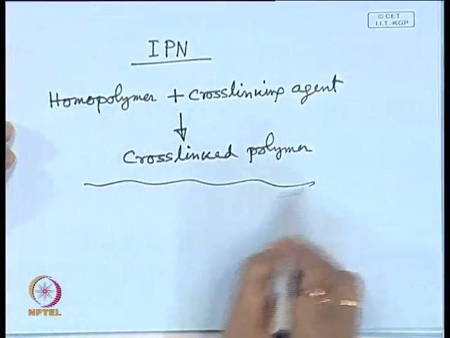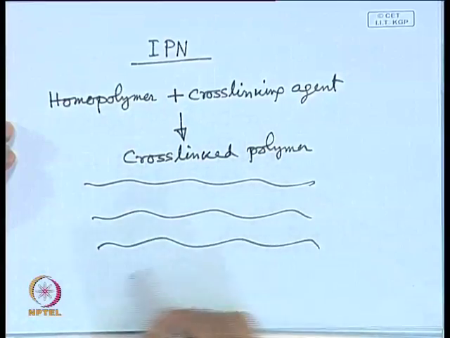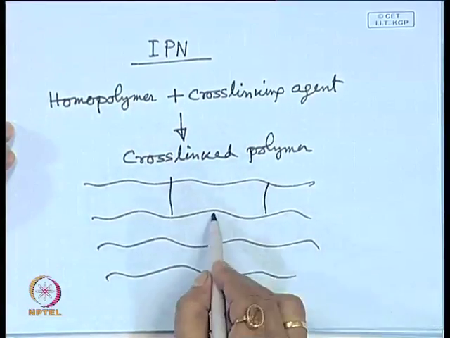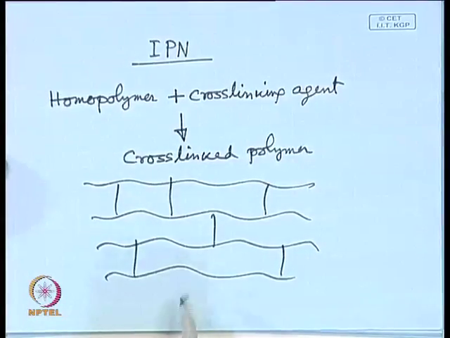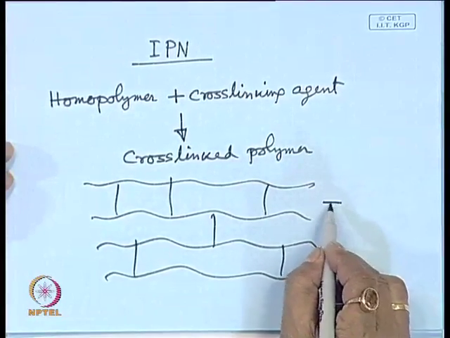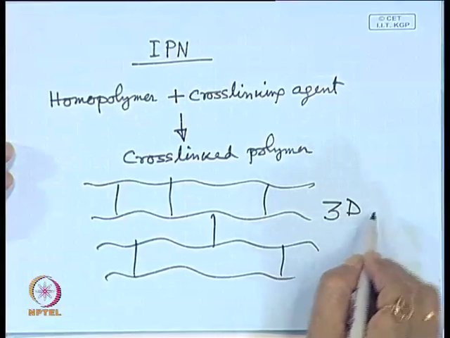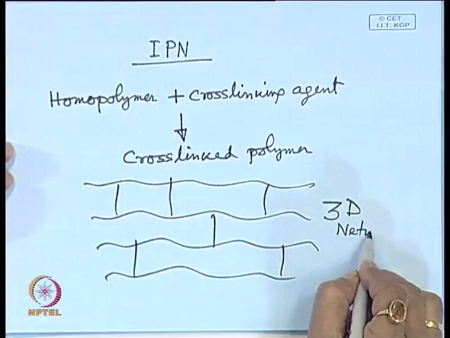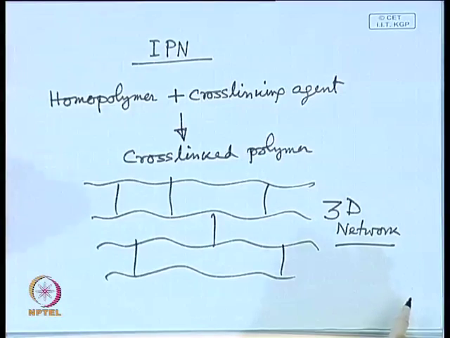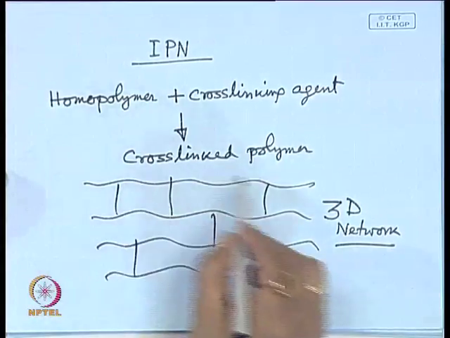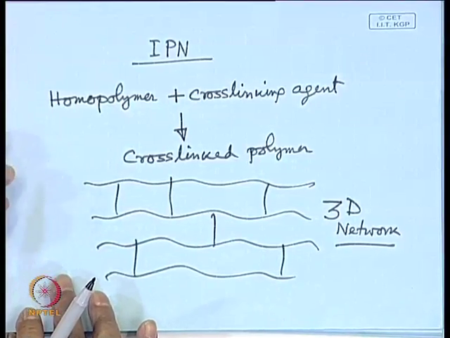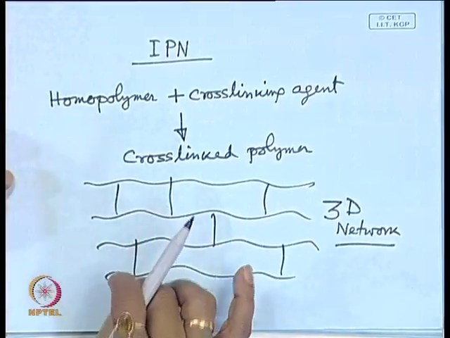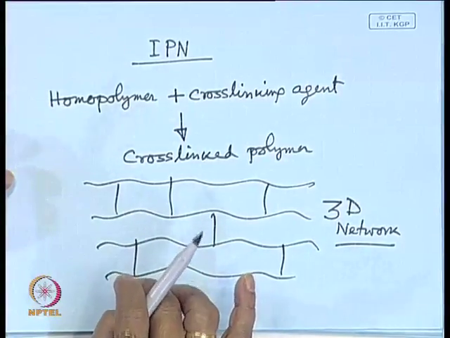That means, you will have this kind of 3-dimensional network, 3D network. It will behave like a gel, cross linked gel, all right. This is insoluble and infusible.